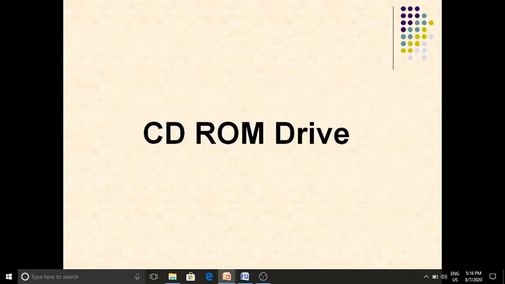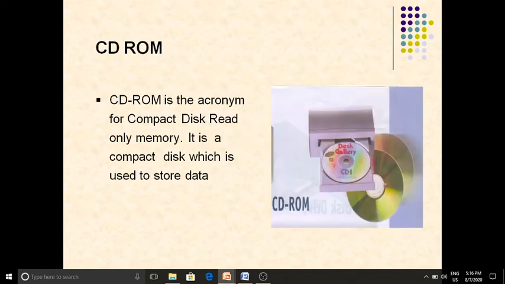Now we'll be discussing in the next slide what a CD-ROM drive is. These are all external storage devices. What is a CD-ROM drive? The full form of CD-ROM is compact disk read only memory.